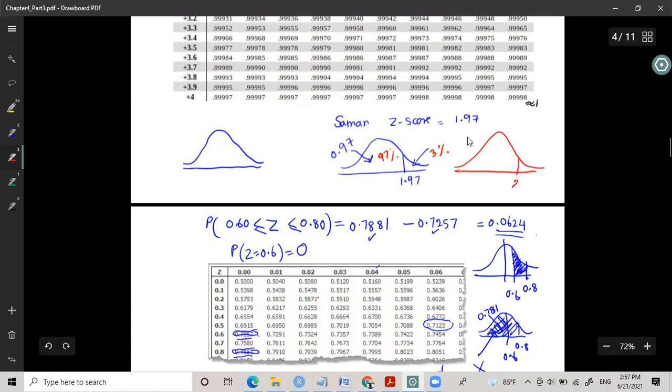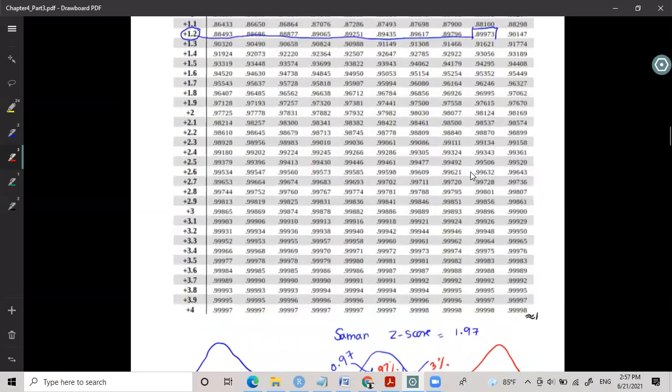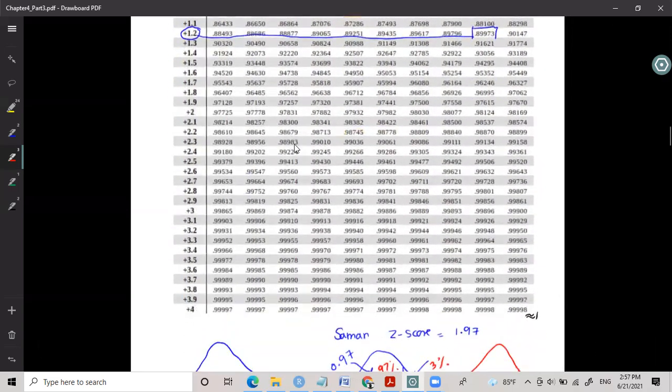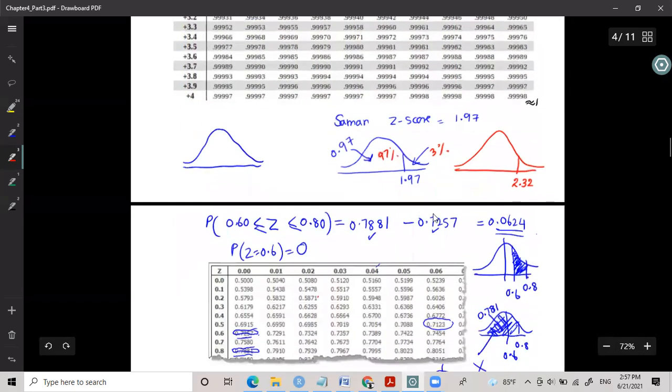Now, you can look at your Z score and find it. Suppose someone got the Z score 2.32. What does that mean? 2.32 is 0.9898, so let's say 0.99. So this area is 0.99 or 99%, and this is 1%.